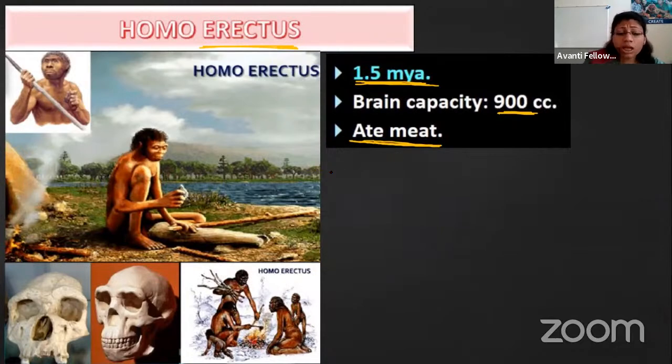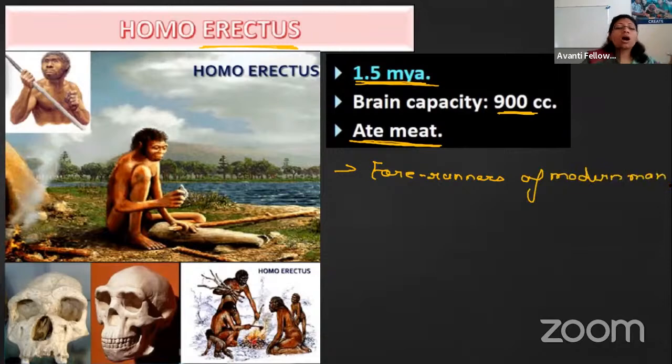These members are eating meat, and these Homo erectus are the forerunners of modern man. We can say they are the ones who properly started working like a human, the current modern human.